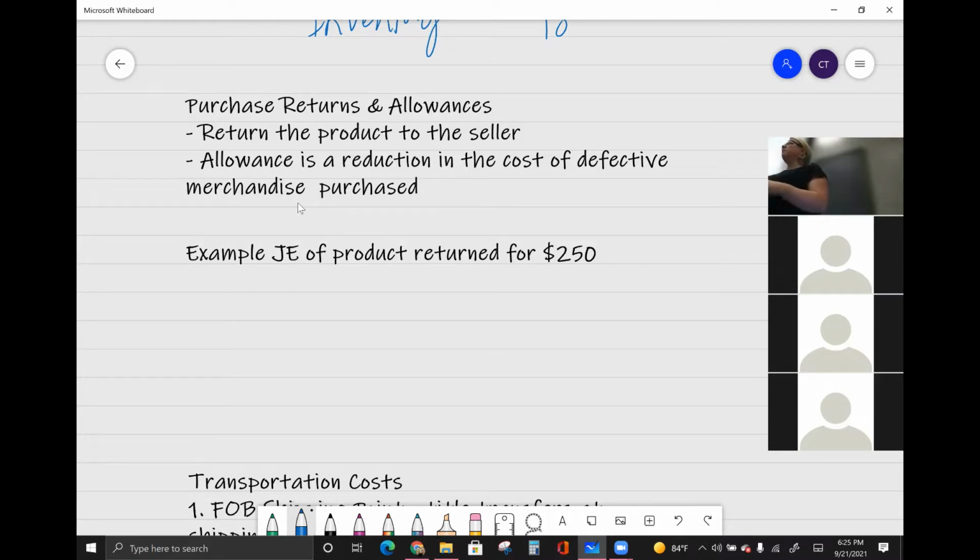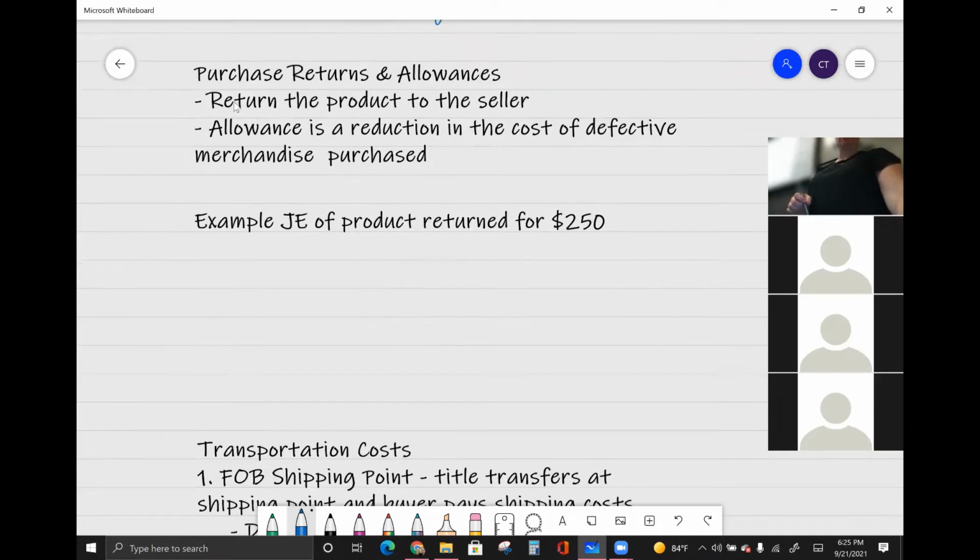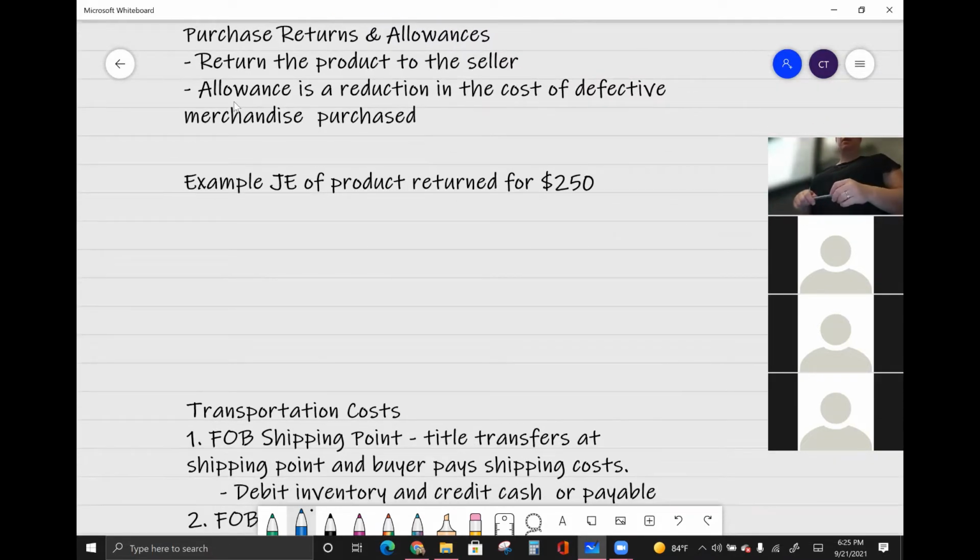Sometimes you have an allowance of some sort because maybe there's some damage and you decided to keep it, and you can discount your inventory. So let's say that we've decided that we're going to return $250 of that $500 purchase. We haven't paid for it yet. So we brought it in on the books. We had inventory 500. We have our payables for 500, but now we're returning $250.